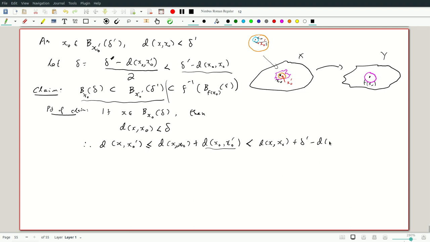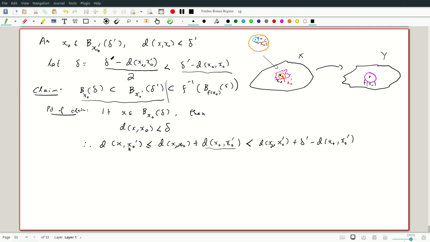minus the distance between x0 and x0 prime. Okay, oh sorry, this is x0 prime. We have left the second quantity alone. Yeah, so let's check this again. The distance between x and x0 prime is what you want to show is in this ball.